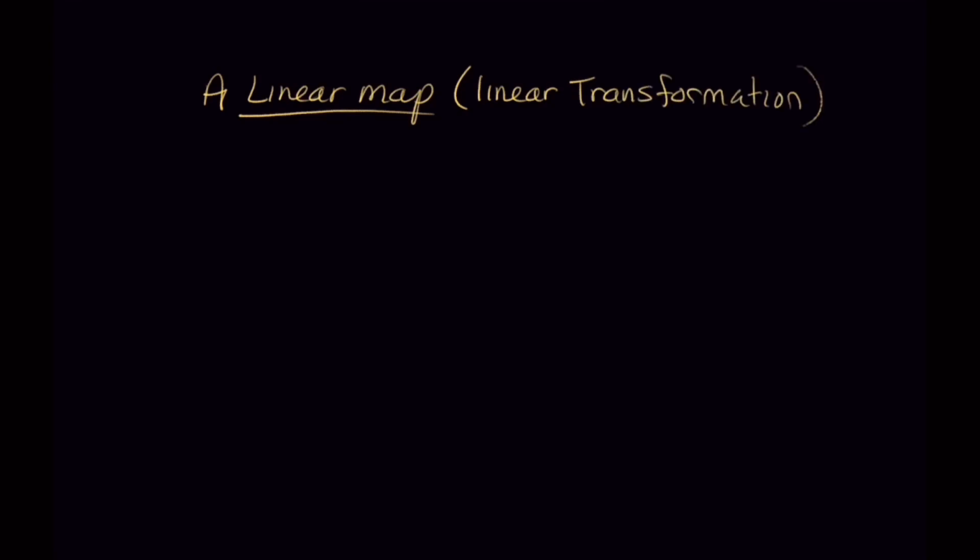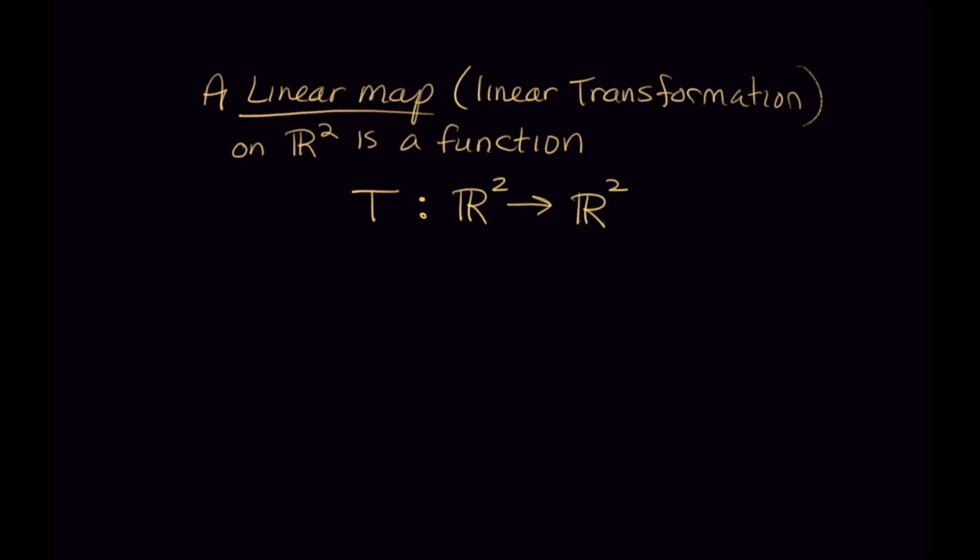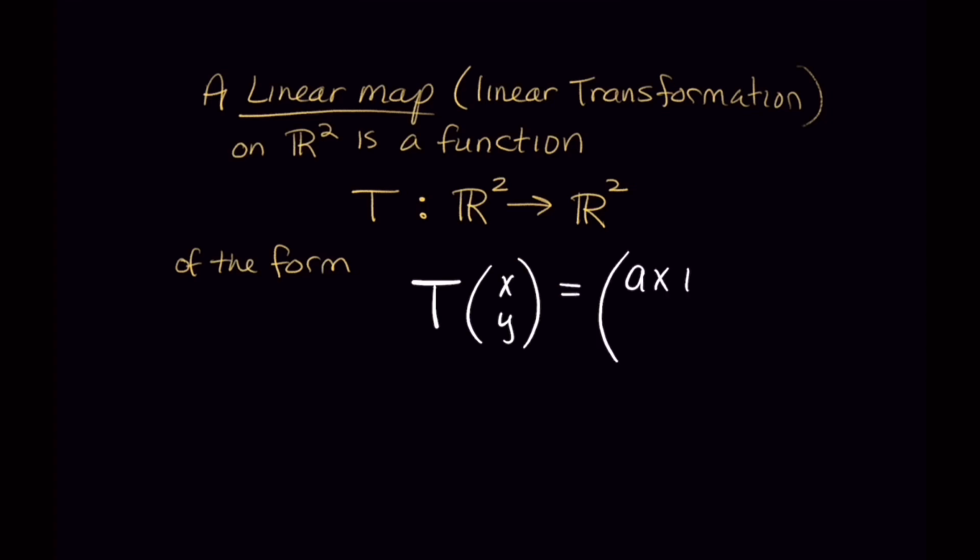Now recall that a linear map, or a linear transformation, on R2 is a function that goes from R2 to R2. It takes the form of a matrix times a vector (x, y), and it produces a new vector (ax plus by, cx plus dy).